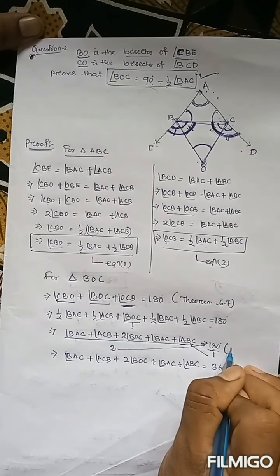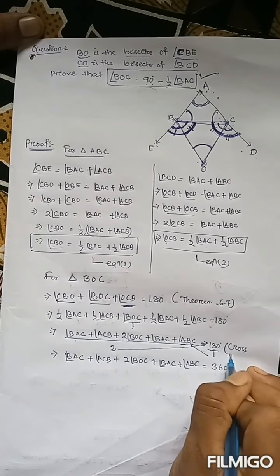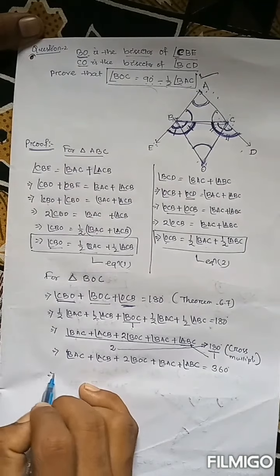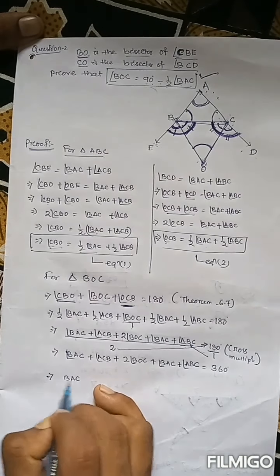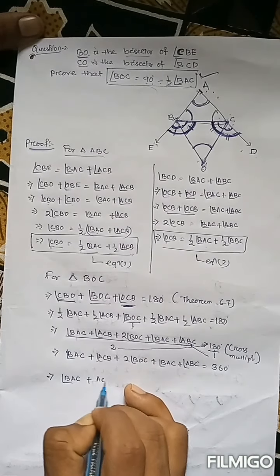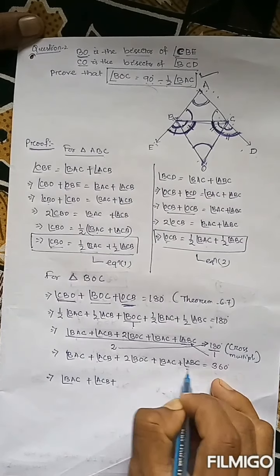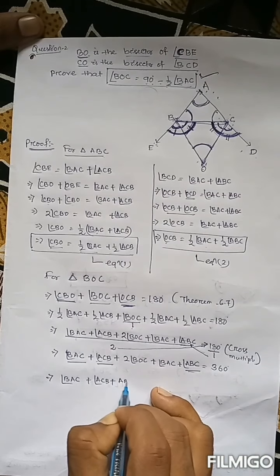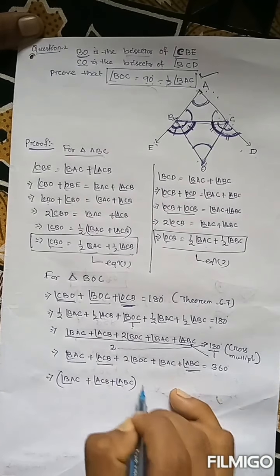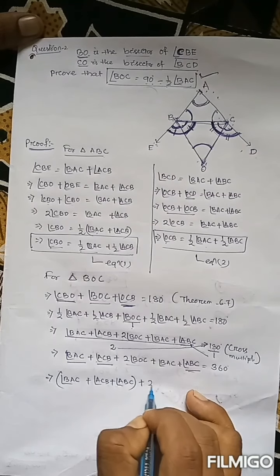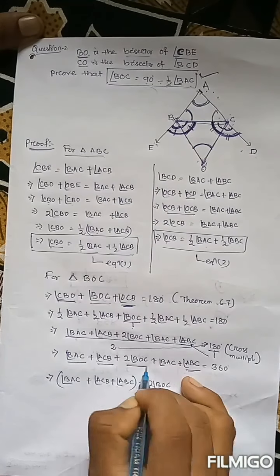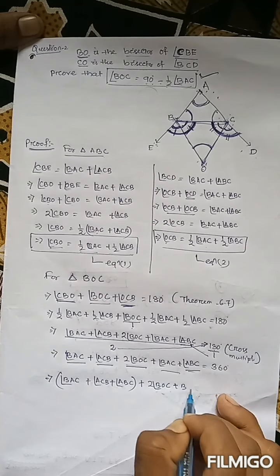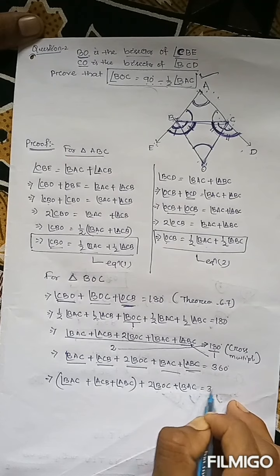Here we make cross multiplication. Now write BSC, then write SCB, then write ABC. First write this term, this term, this term, then make a bracket over them. Now write 2 BOC, this term, okay, then write BSC, this term is equal to 360 degrees.